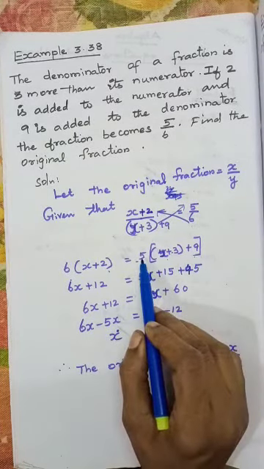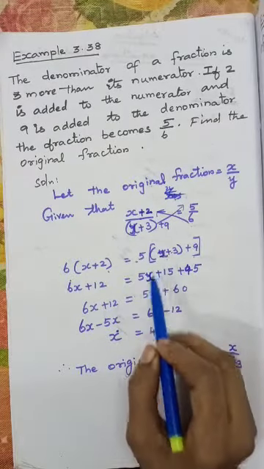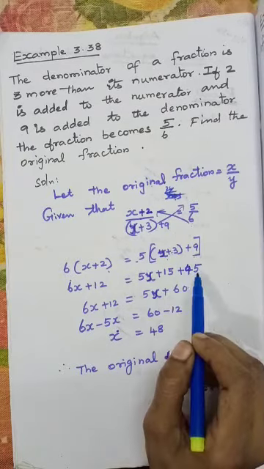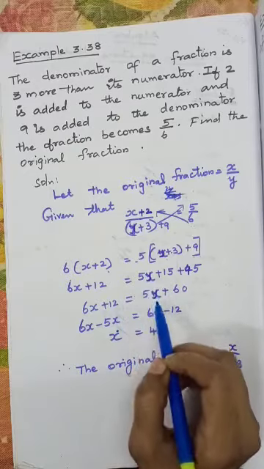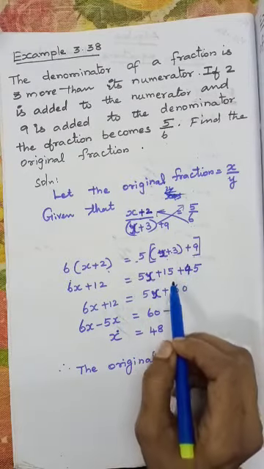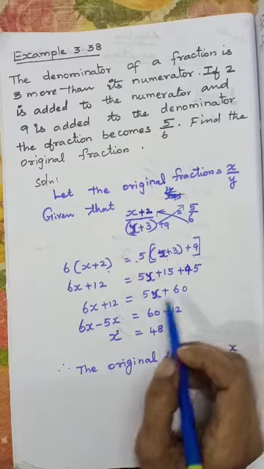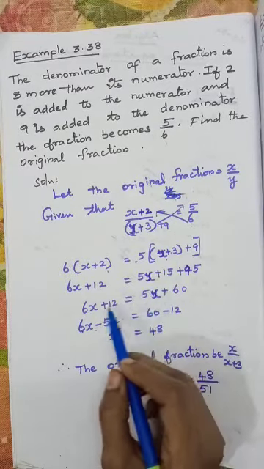Now you have to multiply this 5 by each term and remove the bracket. So 5 into x, 5x. 5 into 3, 15. 5 into 9, 45. So 6x plus 12 is equal to 5x plus, you have to add both, means 15 plus 45 is 60.